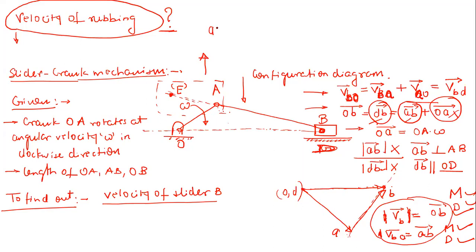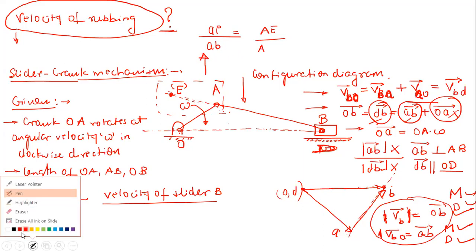So it is simply, see, AE upon AB is equal to AE upon AB. Oh, I am sorry, not AB. So what should I write down? Write it down there. BE. BE, yeah, AE upon BE.